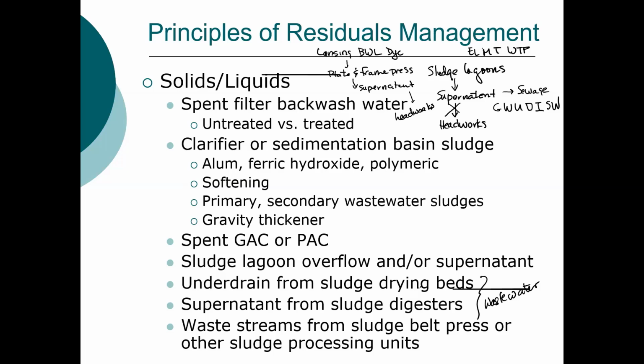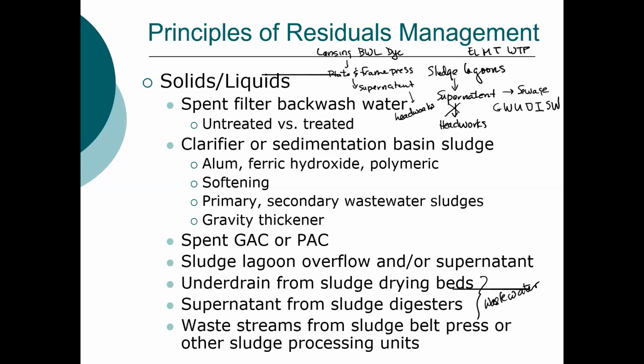The gravity thickener and the plate and frame filter press are both internal. They're in the building. That water never sees the light of day. So it has no chance to become contaminated. So it is truly a groundwater plant.